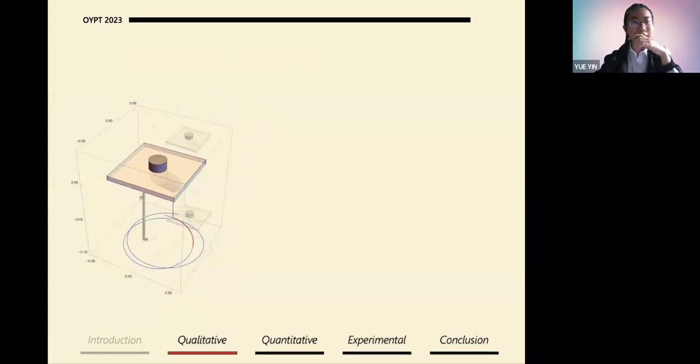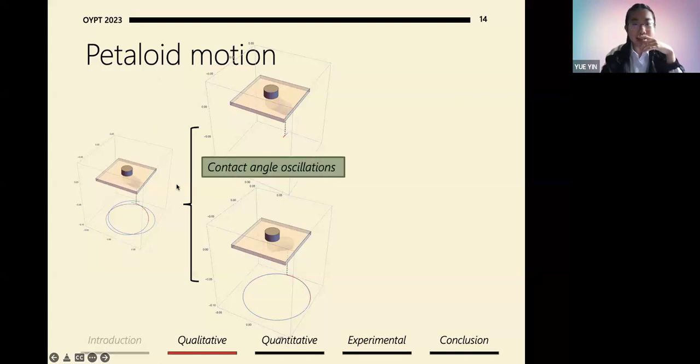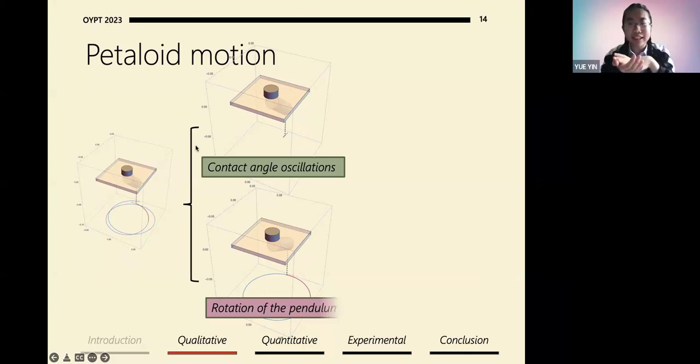So if we decompose the motion into the contact angle oscillations, which is this one, where it's moving up and down, and the rotation of the pendulum, we can see that as long as the periods of phi, which is the rotation of the pendulum, and theta are not integer multiples of each other, the same combination will not repeat.